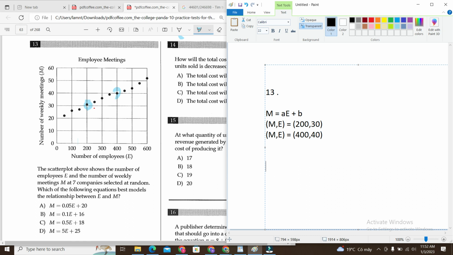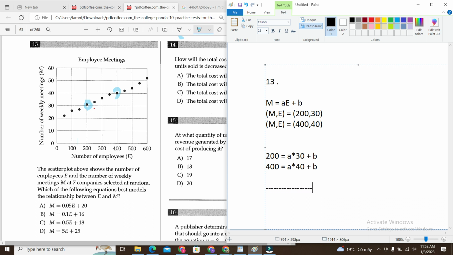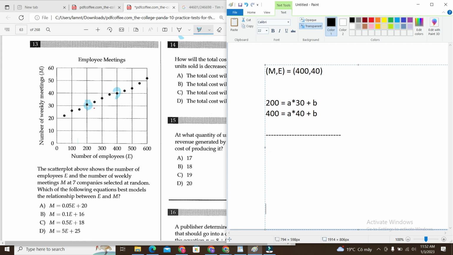So here we can have 200 equal to A times 13 plus B, and similarly we have 400 equal to A times 40 plus B. This is equation 2, this is equation 1.